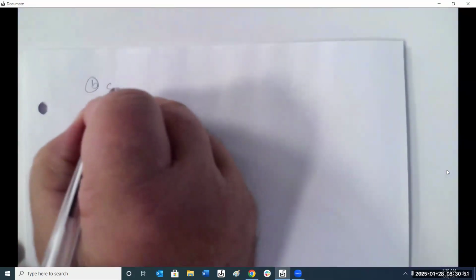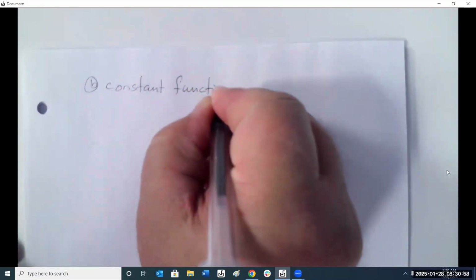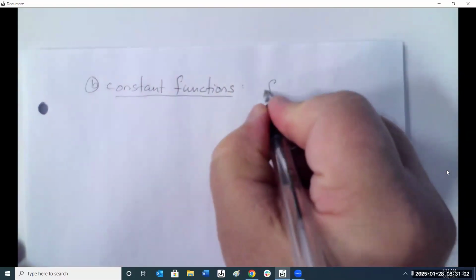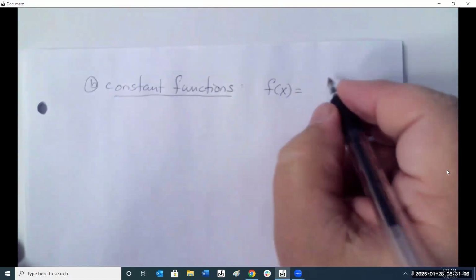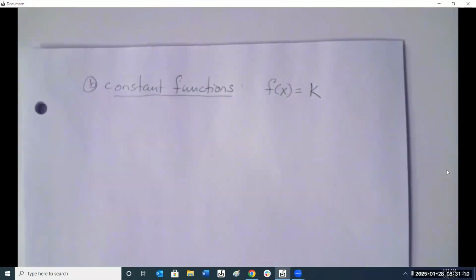Another of the basic functions are constant functions. Some value k, some number. It's a constant.